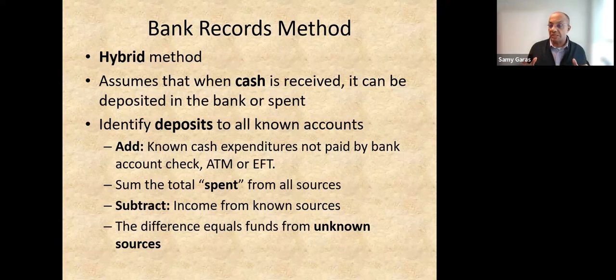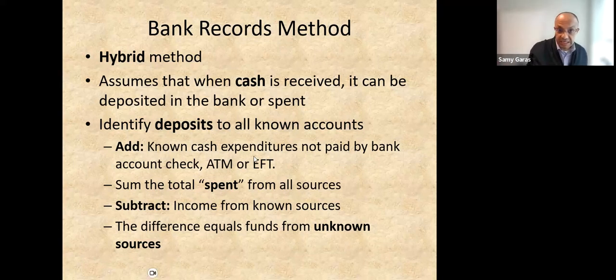And what we do is we add all the deposits that came to this criminal within a certain period of time, and it's very clear on the bank statement, but we can also add any cash expenditure that doesn't come out from the bank statement. So if the person has salary that comes by the end of the month, but in addition to the salary, I see the person purchase a very expensive car from cash that we don't know where this cash is coming from.